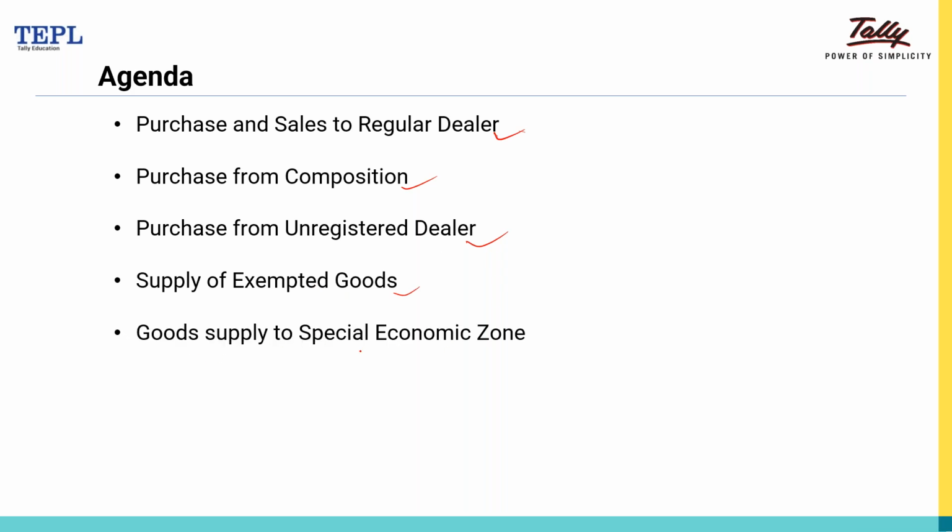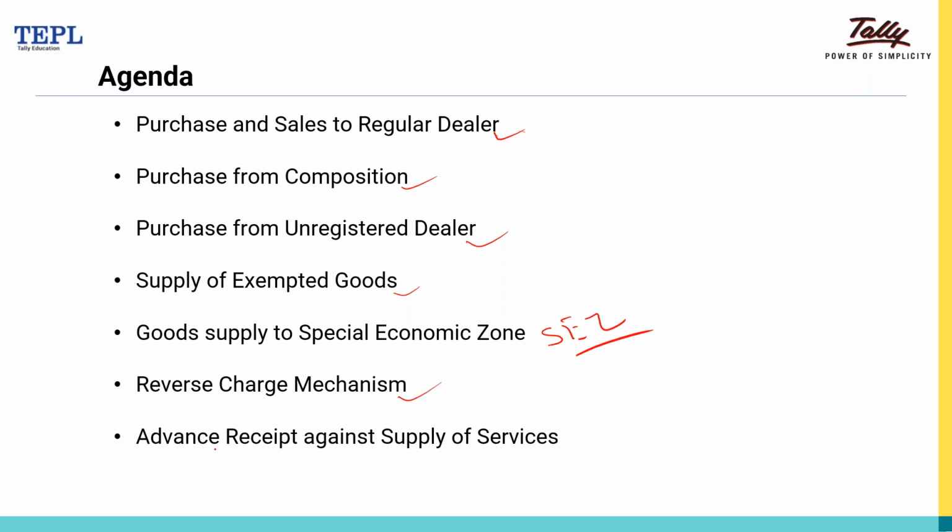Then goods supplied to a special economic zone, or SEZ supply. Then reverse charge mechanism, RCM, and then advance receipt against supply of services. And finally, we'll discuss import of goods.